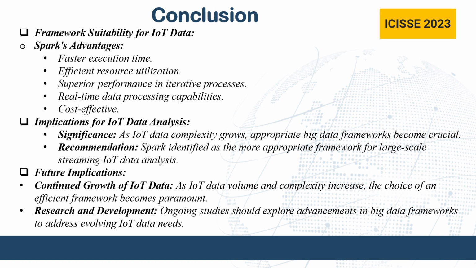For the future, as IoT data volume and complexity continue to grow, the choice of an efficient framework becomes prominent. Ongoing research and development studies should explore advances in big data frameworks to address evolving IoT data needs.